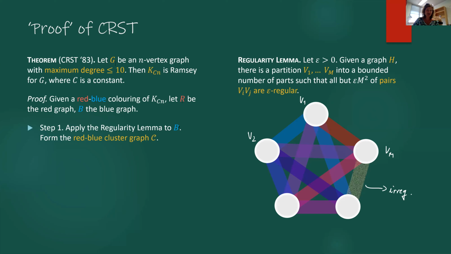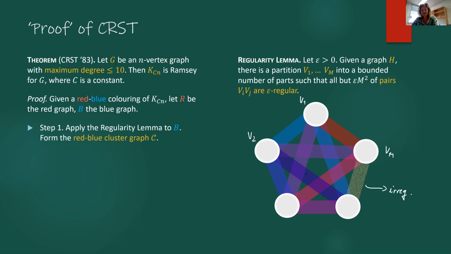So we apply the regularity lemma only to blue, but for free we get that red is also regular in each of these parts. Each pair has a certain proportion of blue and a certain proportion of red. Maybe this pair has a lot of blue and this one has a lot of red, and the purple means something in between.